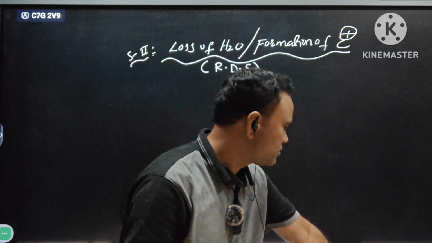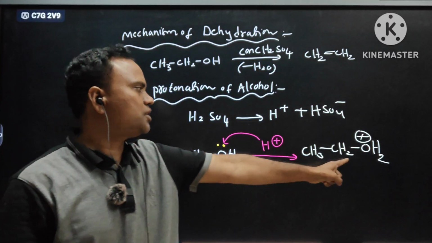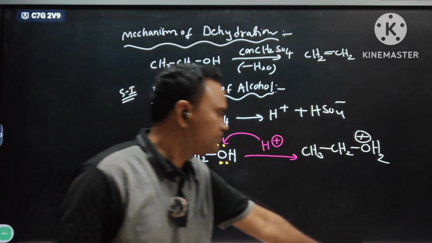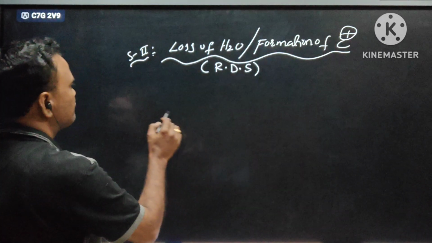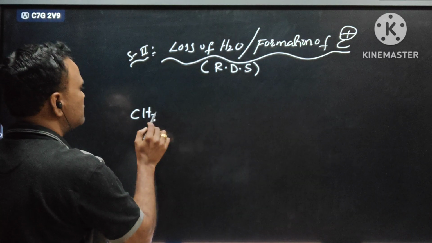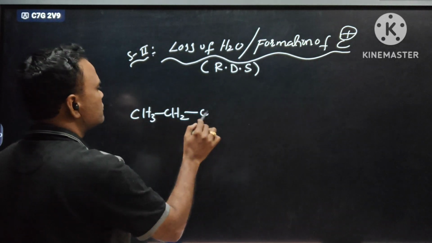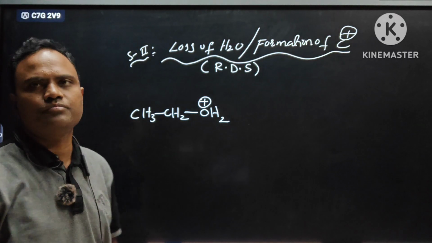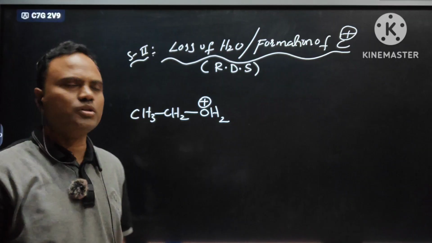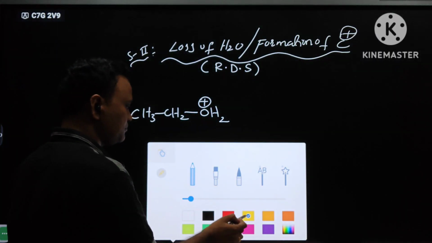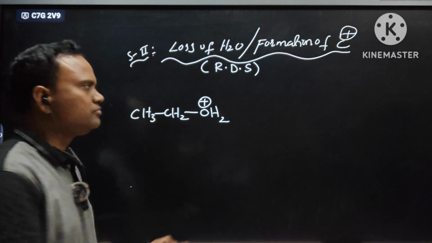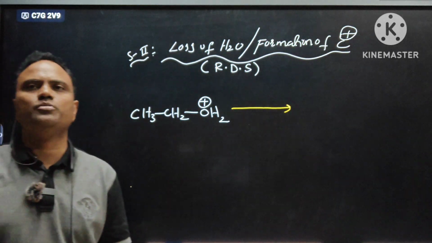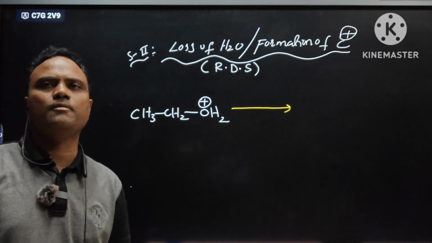What is that? CH3CH2OH2 positive. I am taking this as easily. Now you tell me, oxygen with a positive charge is stable or unstable?